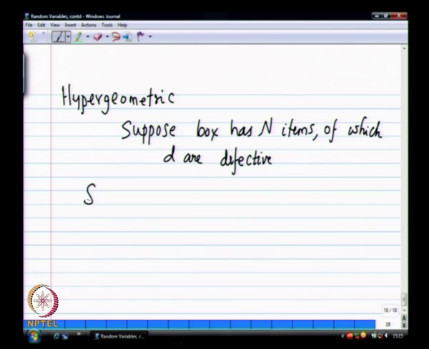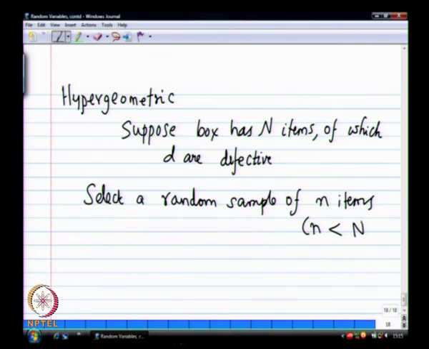Then you select a random sample of n items, where n should be less than N. If it is equal to N, that means you are testing everything, but you do not want to do that.